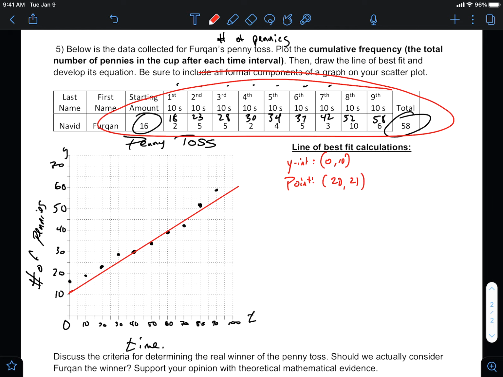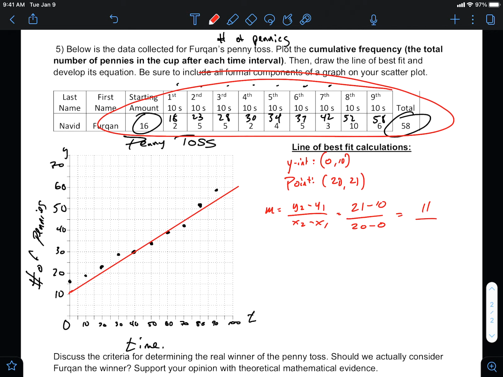That's a nice point, and then you can apply your give-me-the-equation-of-the-line skills from last unit. You can find m by going y2 minus y1 over x2 minus x1, which equals 21 minus 10 over 20 minus 0.